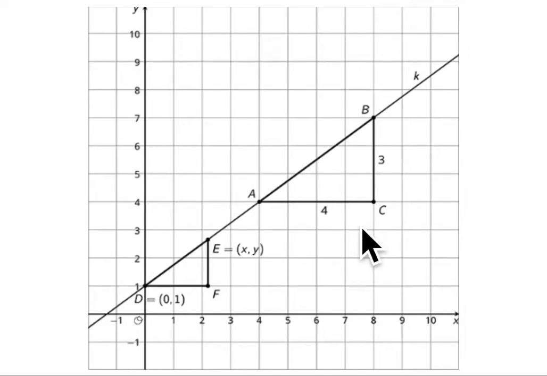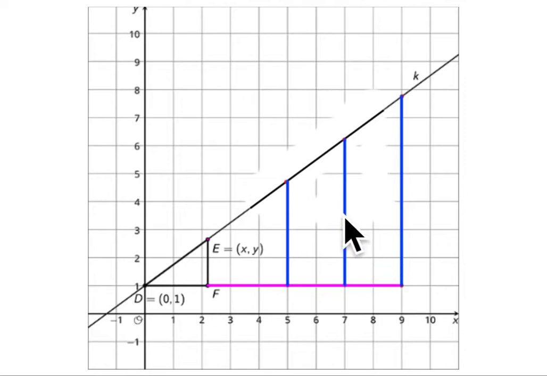We're going to use that ratio and set that equal to the relationship of this vertical length to this horizontal length, which are written using x values and y values as expressions.